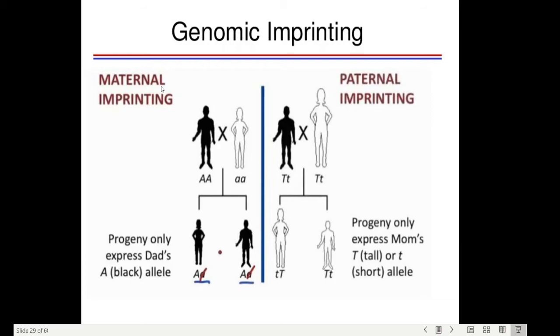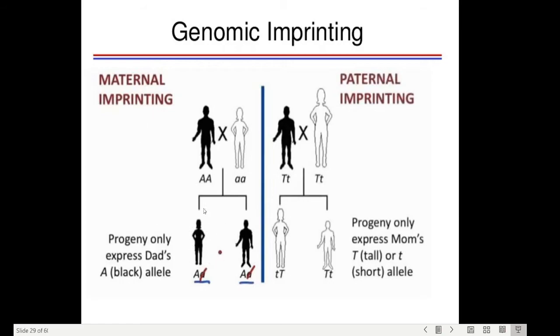Maternal imprinting is the character-based one, where any one of the parent's characters, that may be the dad character or the mother character, is expressed.